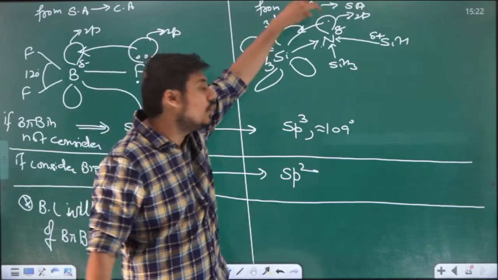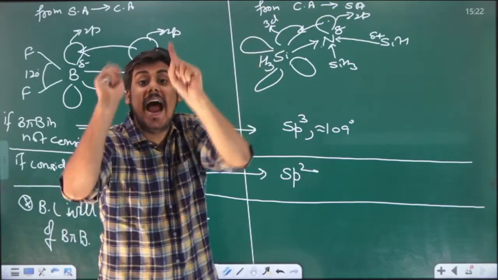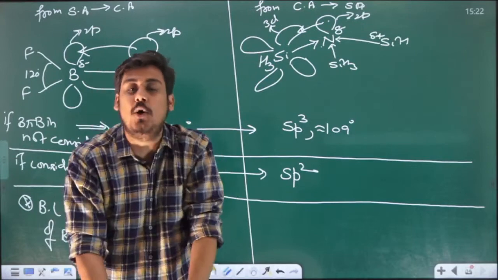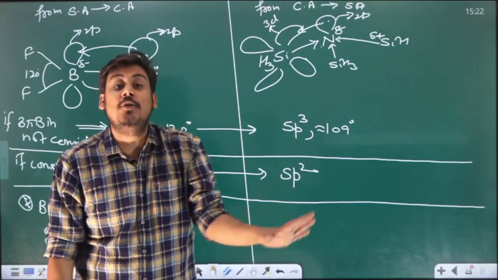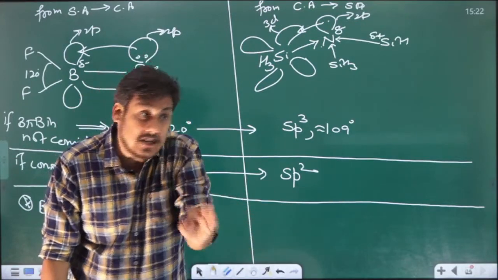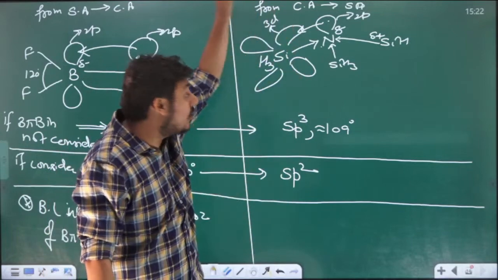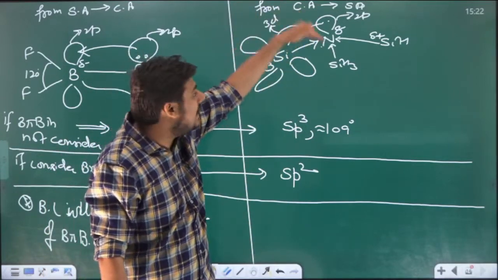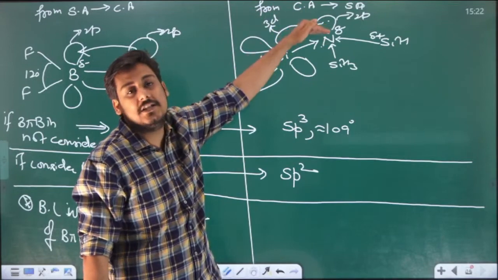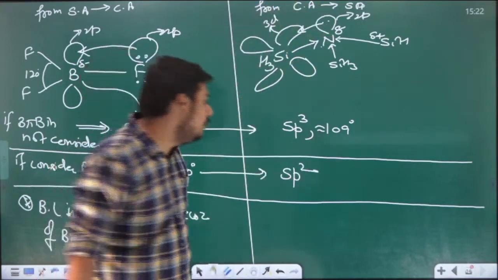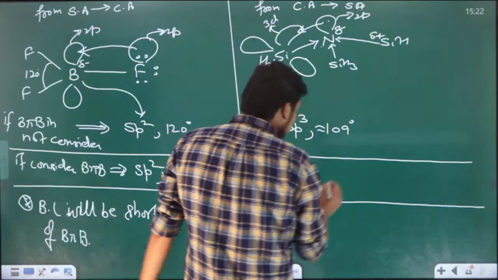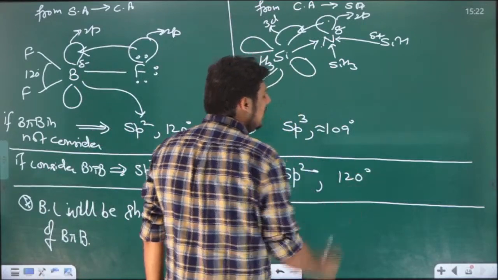The lone pair should go in 2p because only an atomic orbital forms back bond. No hybrid orbital can form back bond. For back bonding to occur, for the angle to increase, for steric repulsion to decrease, nitrogen has to change its hybridization from sp3 to sp2. Only then will the angle increase to 120 degrees.